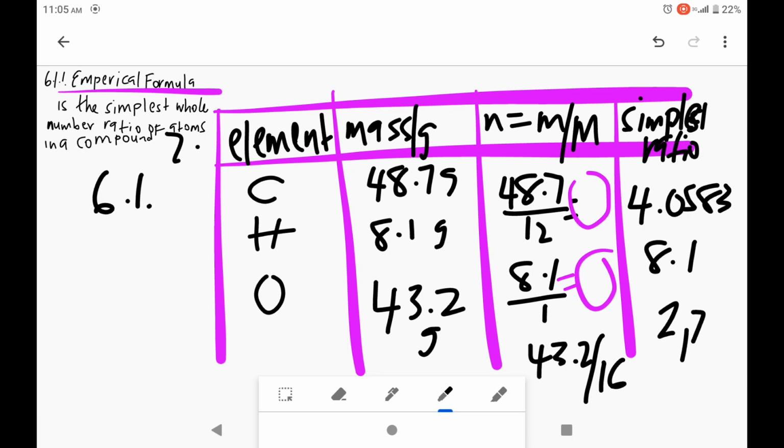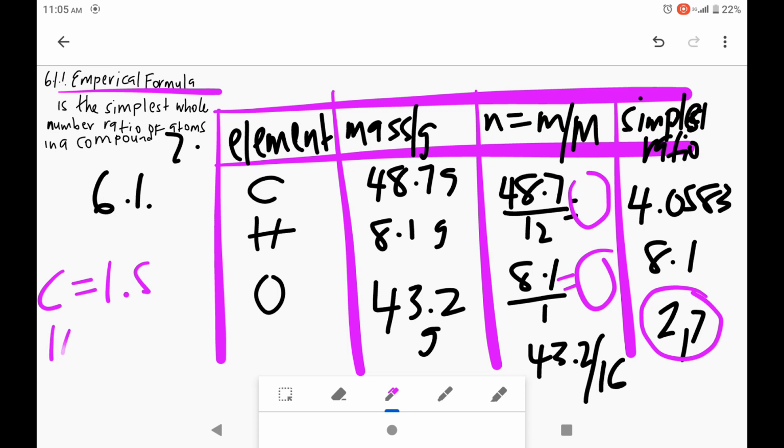When you check these numbers, you see the lowest number, we divide everything by the lowest number. 4.05 is not the lowest number, 8 is not the lowest number, 2.7 is the lowest number. So I have to divide 4.058 by 2.7, which is going to give me 1.5 for carbon.